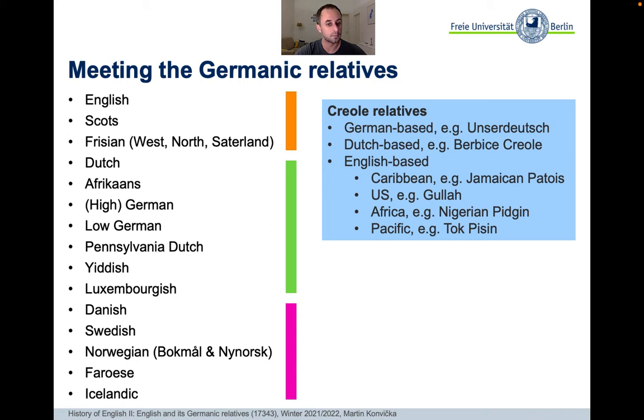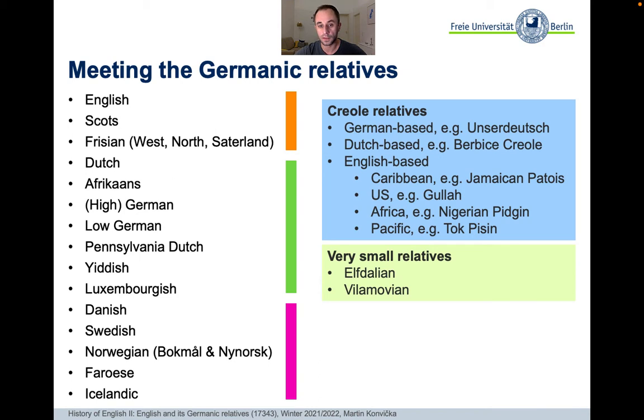Okay, then this is still not all. There are also other very small Germanic languages that are normally not included in the big overview of Germanic languages, and that is, on the one hand, Elfdalian, sometimes regarded as a dialect of Swedish, but sometimes also, due to its very conservative traits, as a standalone language.